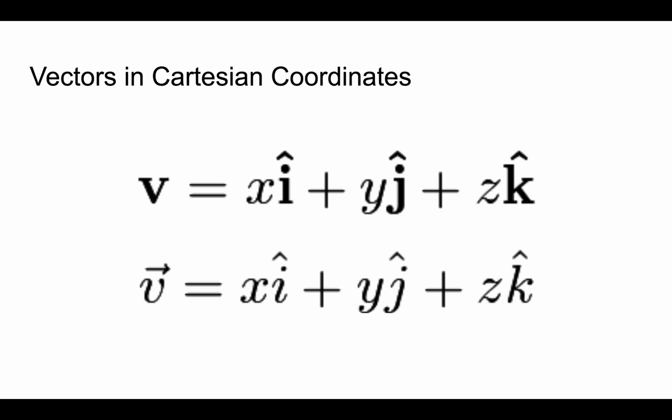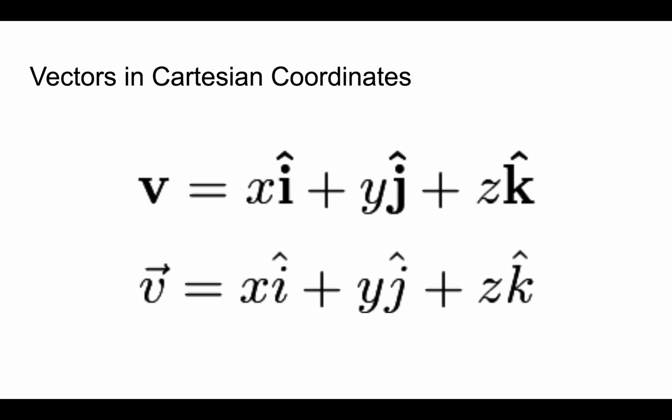And so we have the vector v, and we say that that's equal to some scalar x times i hat, and i hat is bold, so it's a vector, and this is a unit vector that points in the x direction. So we're saying that the x component of the vector v, which tells us how far in the x direction we have to go, has a scalar value of x.